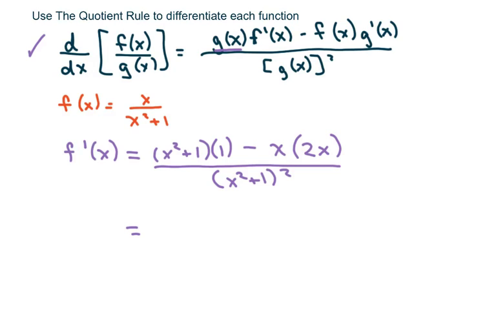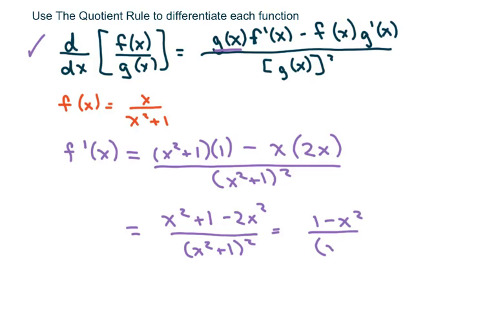So when you clean up your numerator, this is going to be 1 minus x squared over x squared plus 1 squared.